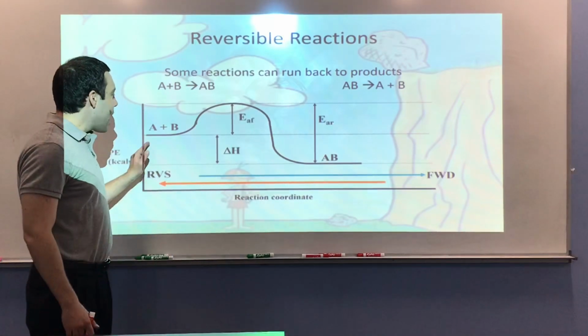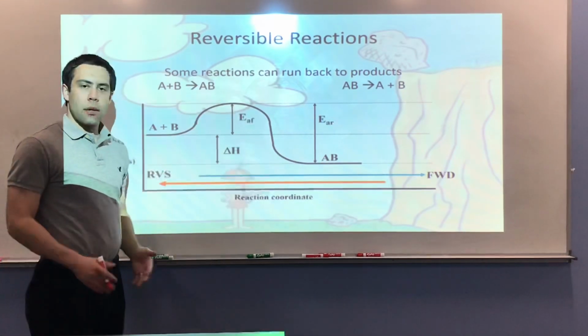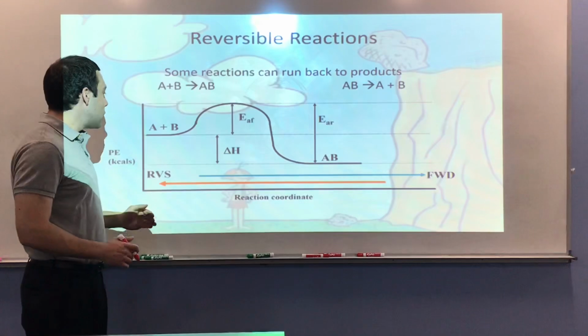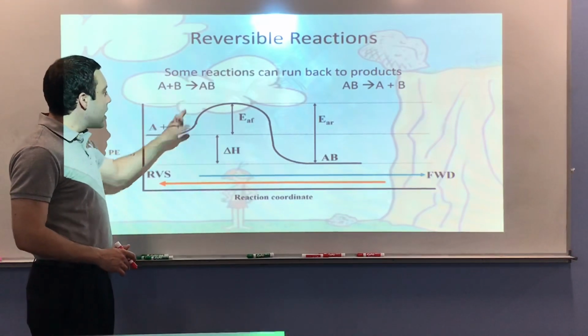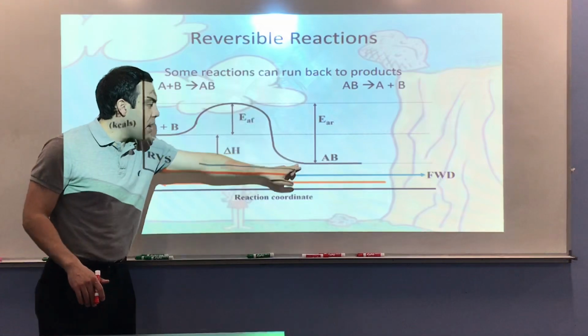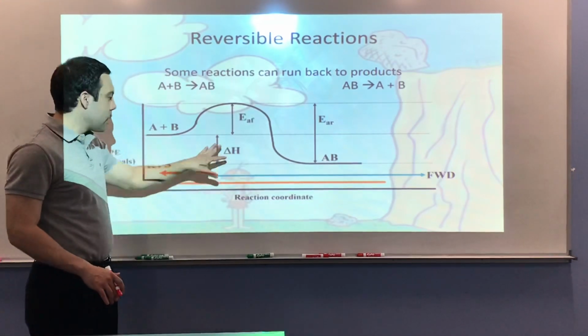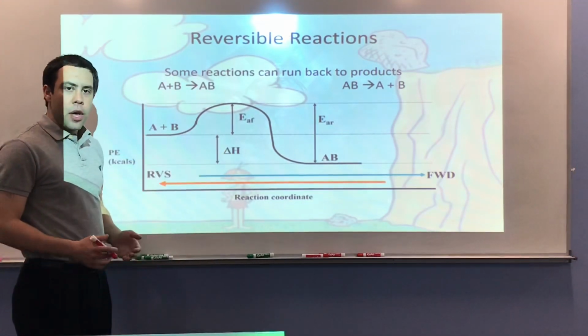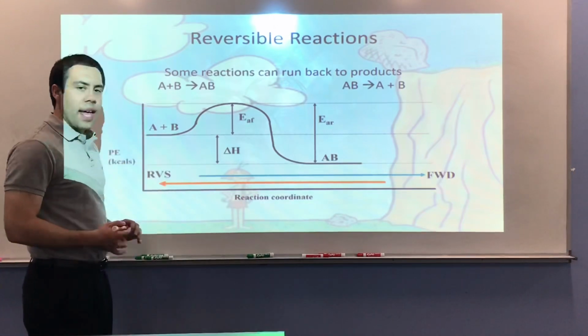Here we have an exothermic chemical reaction. So we have the reactants, the activation energy, the energy of activation for forward, and then we have the energy of the products. In the middle we have delta H. So the forward reaction is exothermic.